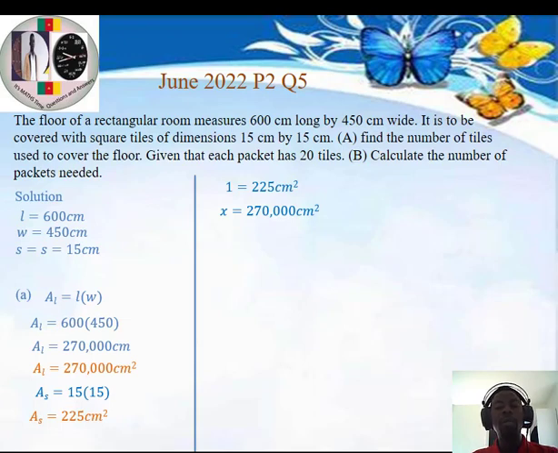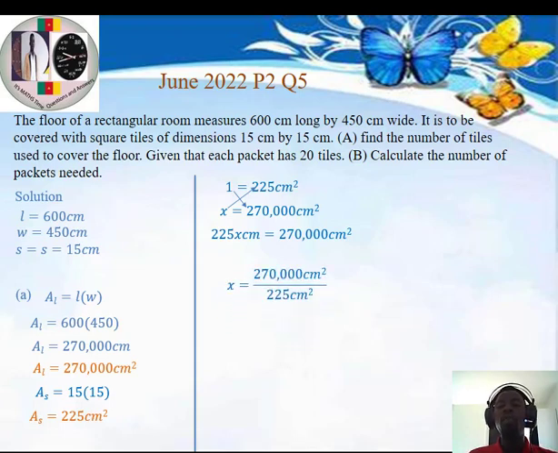If we cross multiply, we are going to have x times 225 centimeters squared equals 1 times 270,000 centimeters squared. So if we expand this, we have 225x centimeters squared equals 1 times 270,000 centimeters squared.